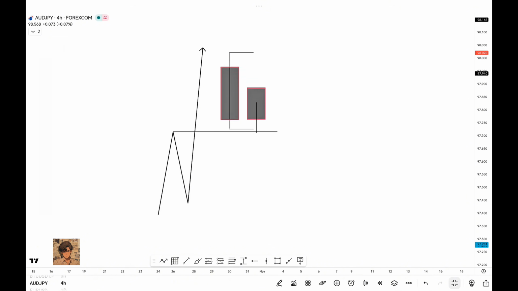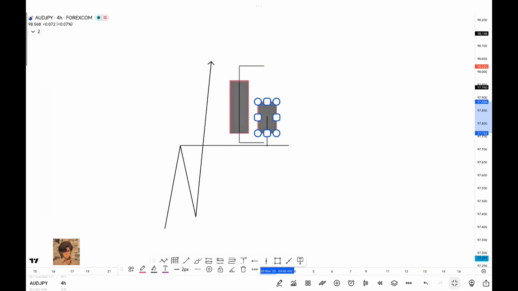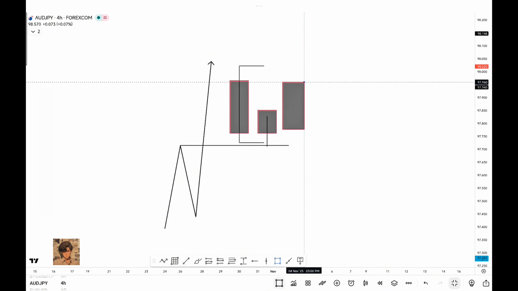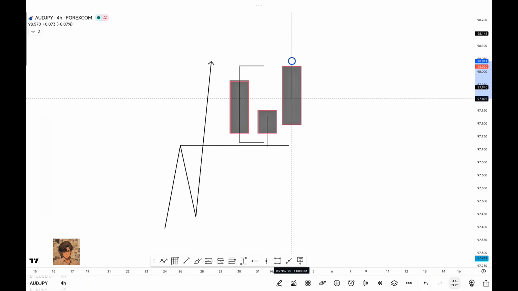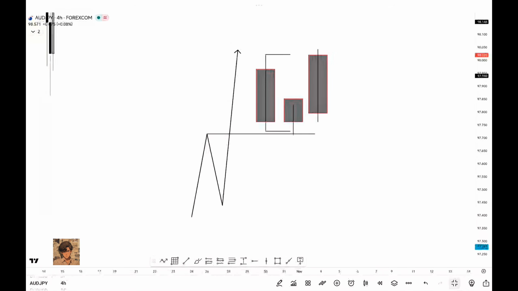Then the overall move is going to be the one that takes out the old trend, right? Take a look at that. Something like this. Exactly.